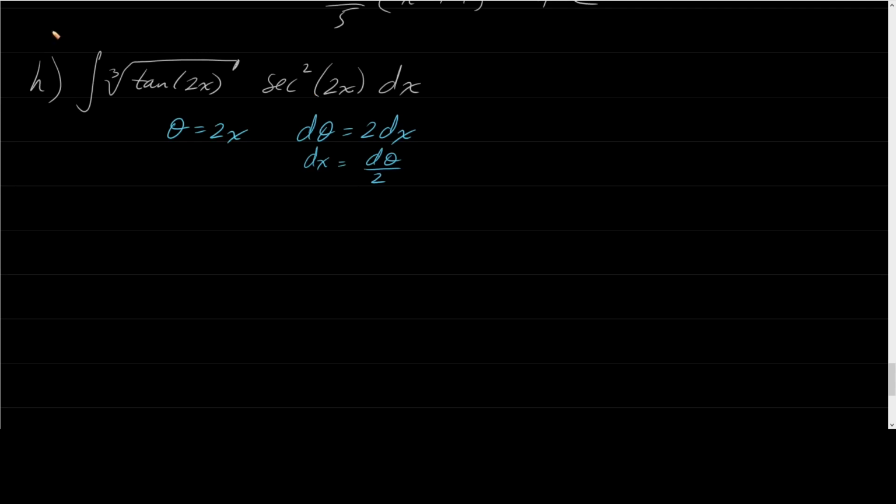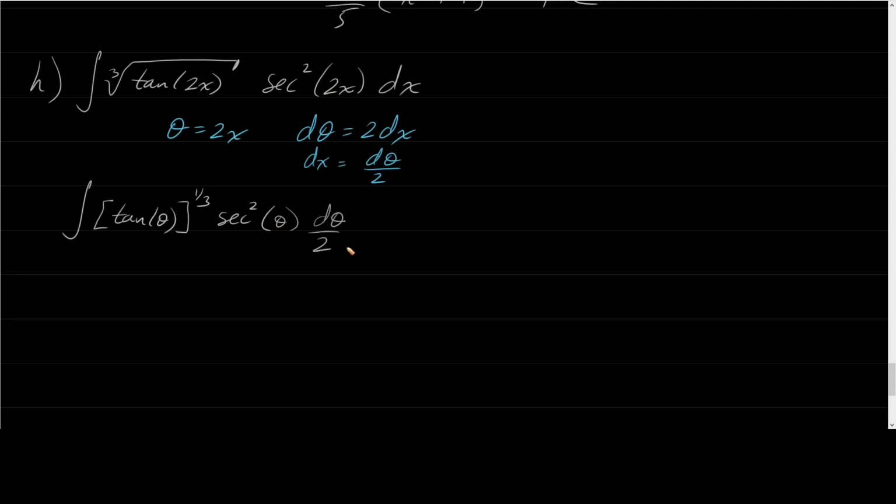Now, the problem looks like the integral of, instead of that cube root, I'm going to write this to the 1/3. But we have tangent of 2x, but 2x was theta. So what we really have there is tangent of theta to the 1/3 times secant square of theta times, instead of dx, d theta over 2.